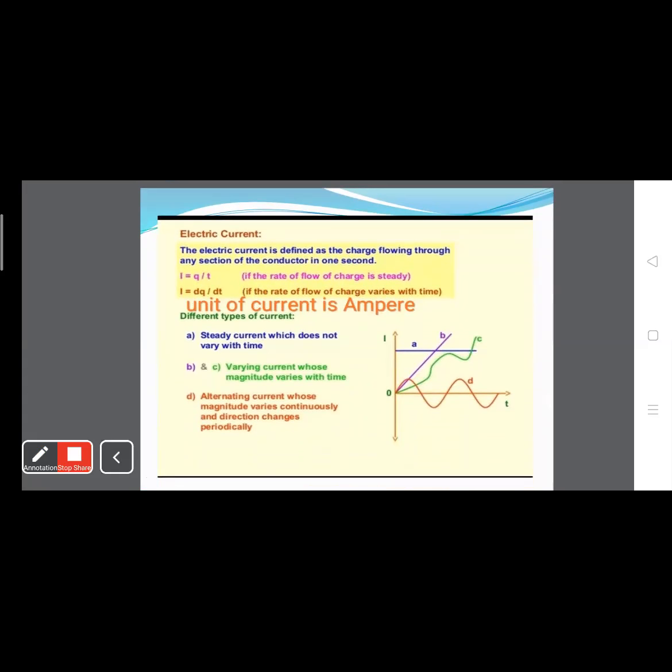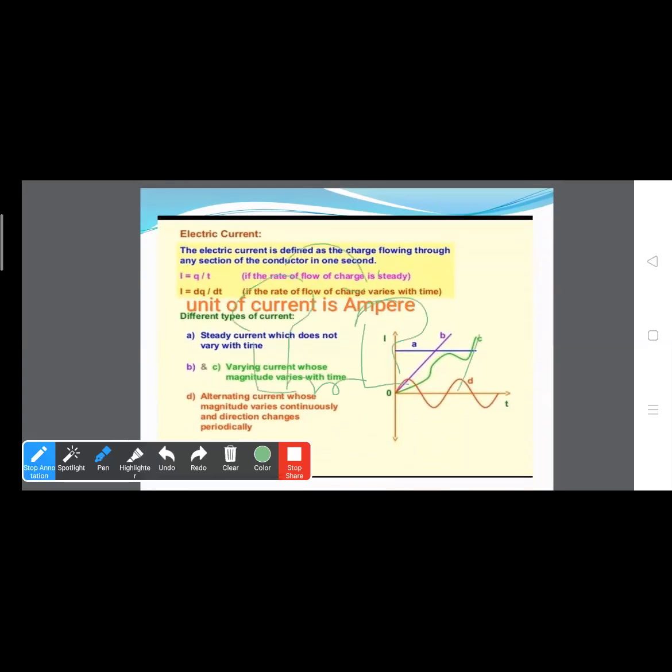So electric current equals Q upon T if the rate of flow of charge is steady, and I equals dq over dt if the rate of flow of charge varies with time.